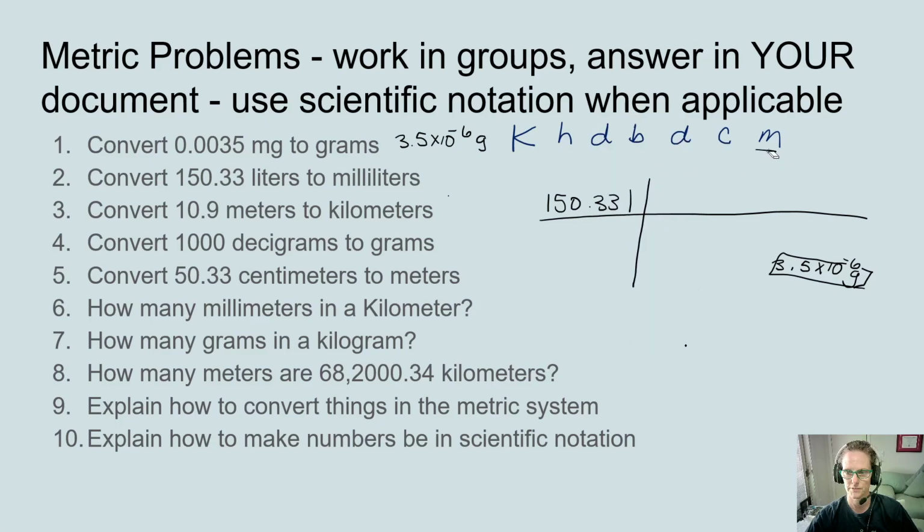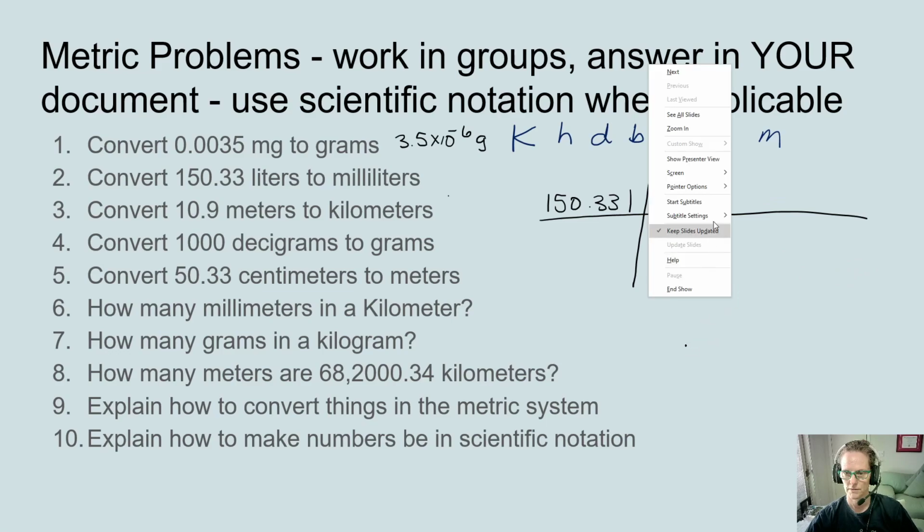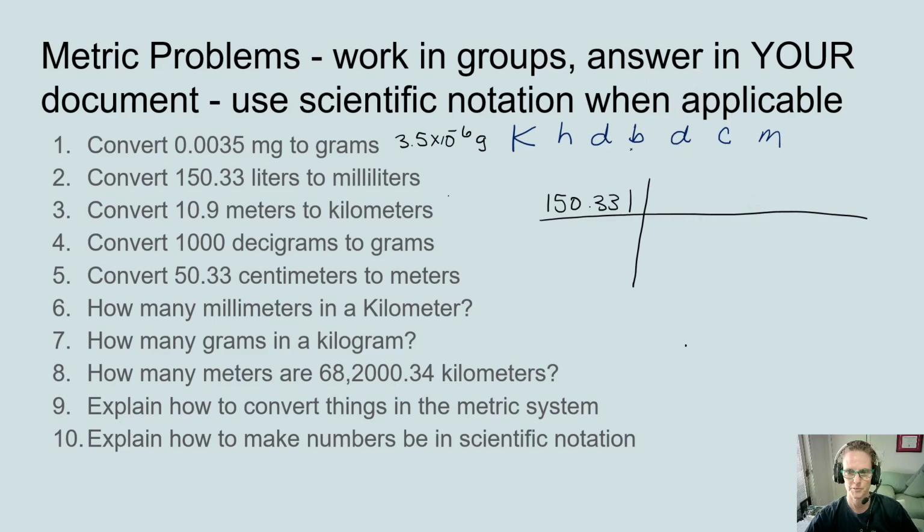Let's get rid of this so we can have a clean slate. And let's look at where we start. So we're going to start at liters, which is a base unit, and we're going to go to milliliters. It's the opposite of number 1. We're going to go 1, 2, 3 over to milliliters. So this decimal will go 1, 2, 3, but we're doing it the physics way.